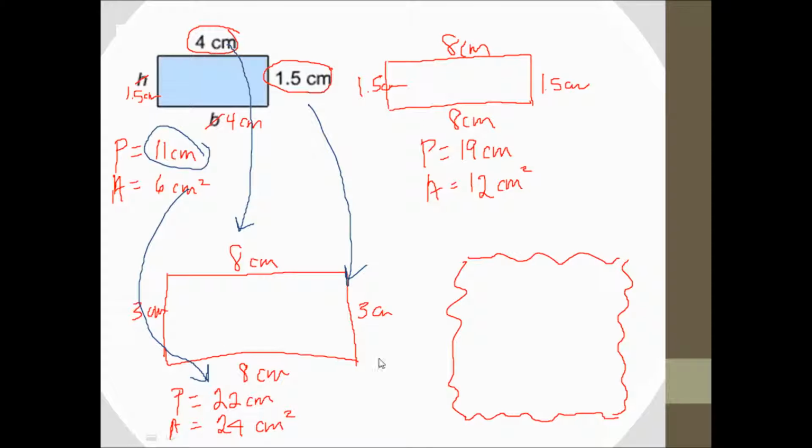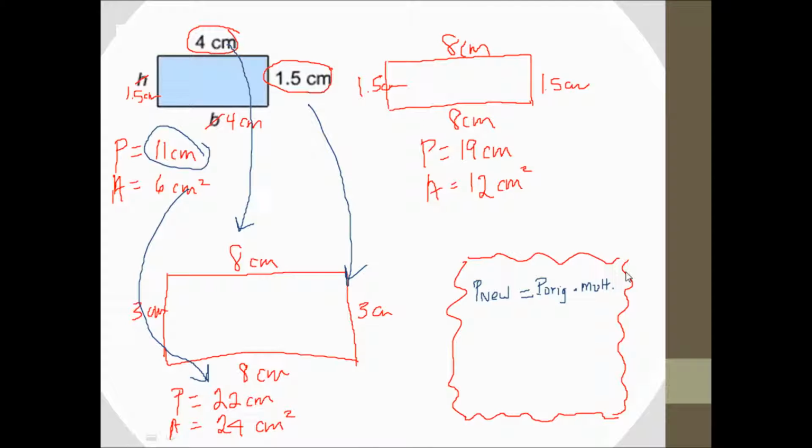So my new perimeter is going to be equal to my original perimeter times the multiplier. So if I were to triple the size, so for example, if I tripled 4 centimeters and made it 12 centimeters, I have tripled that length, then my perimeter will in fact triple.